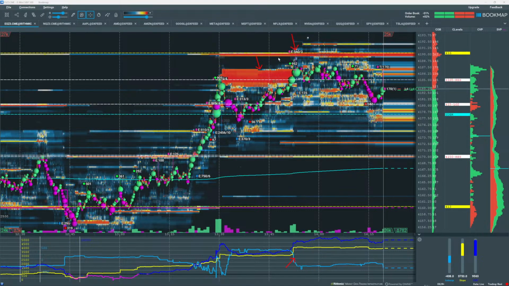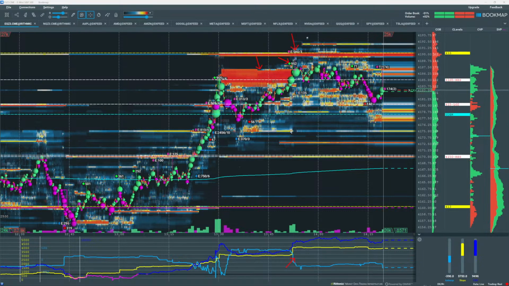As buy stop orders fuel that move higher up into that liquidity. So a little bit of a stop run up into that liquidity, and then large traders start to come in with iceberg orders to sell that move higher.